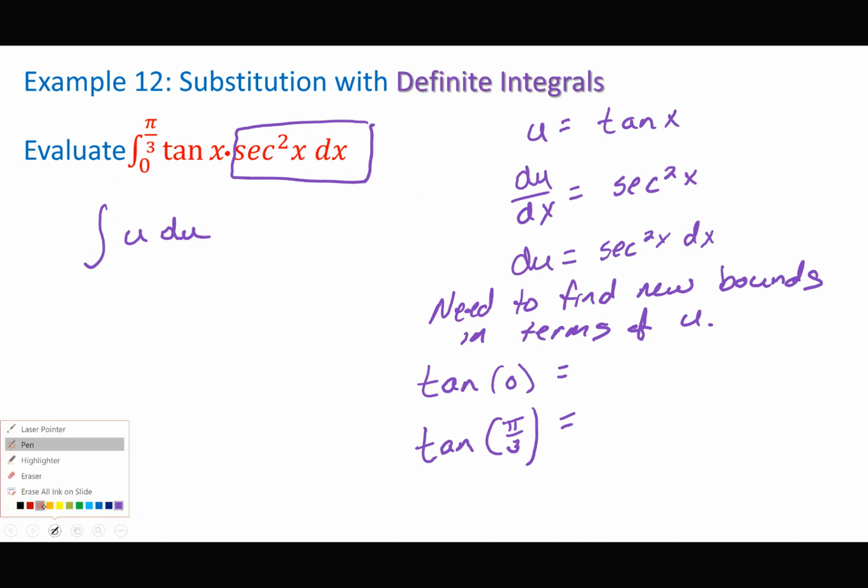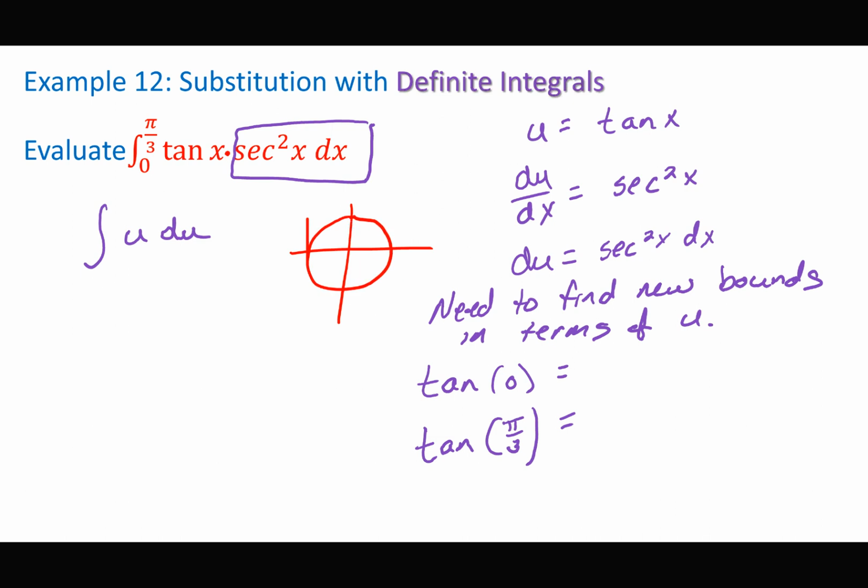Unit circle time. So tangent of 0, so we're right here on the x-axis. Remember, tangent of 0 is the same as sine of 0 all over cosine of 0, not theta.